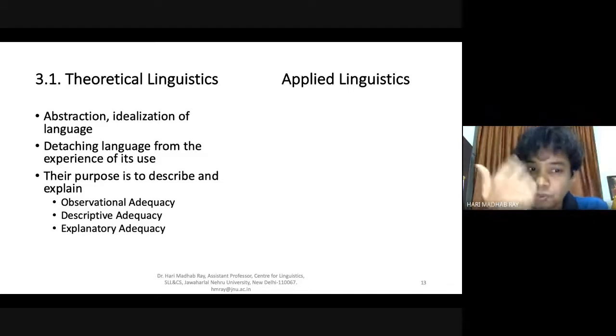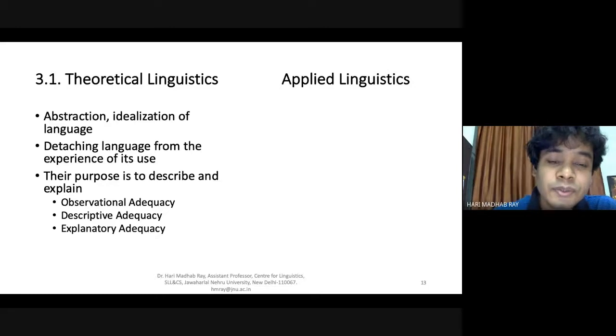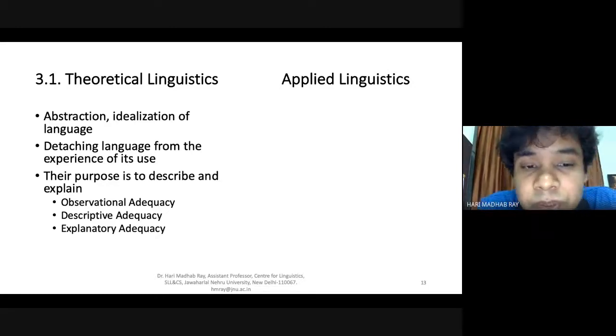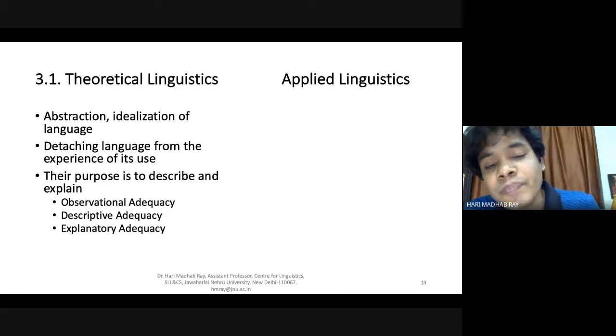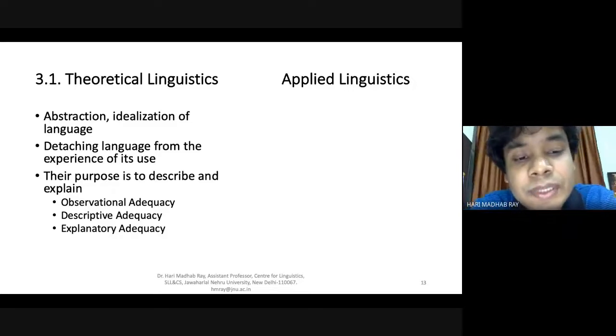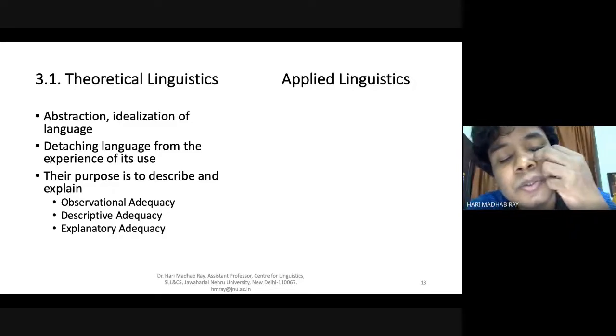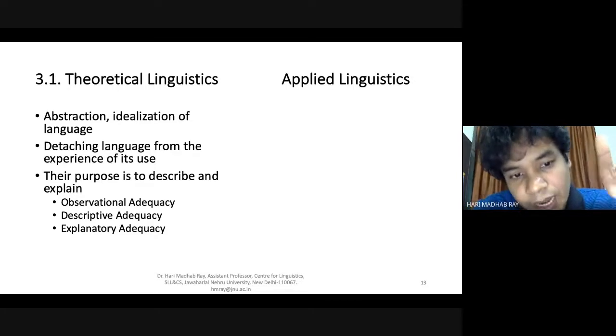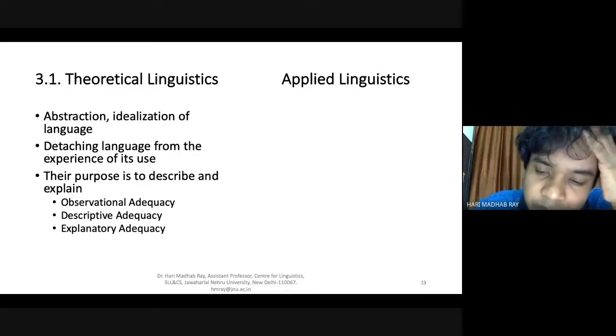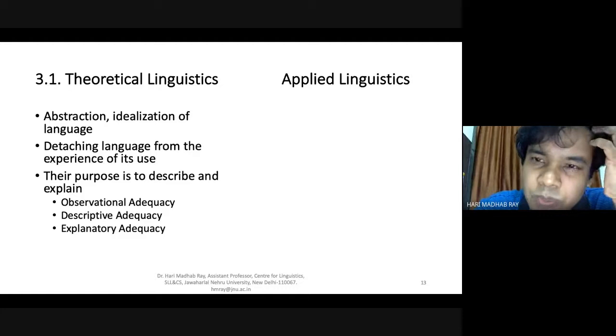And also going to look at the intuition part as well. So Shivam, you are right when you are talking about initially, and child language and all. So if you're talking about explanatory adequacy, one thing is added: how children do acquire language.